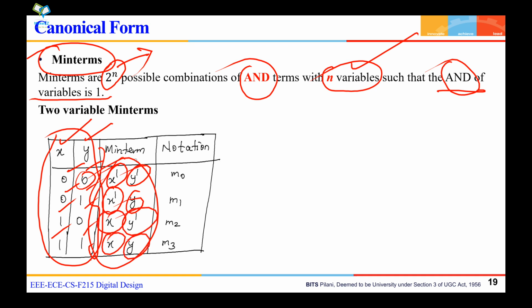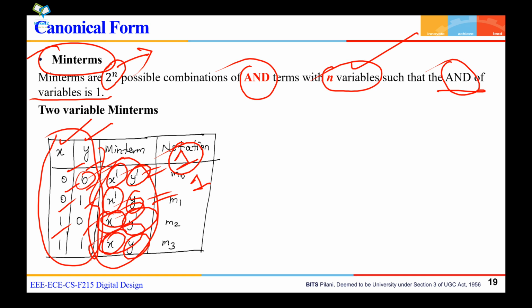If you take this AND combination, you are going to get the value 1. See x bar y bar: when x is equal to 0 and y is equal to 0, the AND operation gives 1. Similarly x bar y: x is 0, x bar is 1, y is 1, and the AND operation is going to give you 1. Similarly this one.